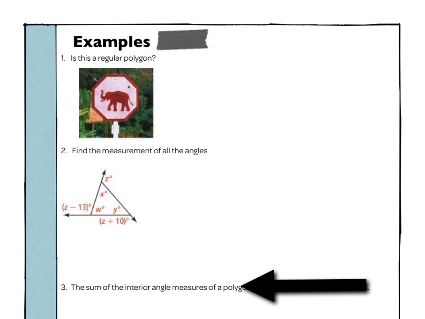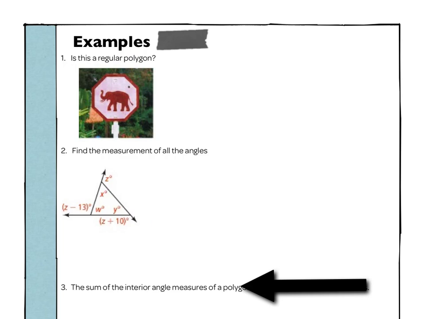Hi students, we are now going to do the examples for lesson 5.1. Okay, so the first question is, is this a regular polygon? And the word regular means to have same angles and same side length. So equal angles, equal side length.